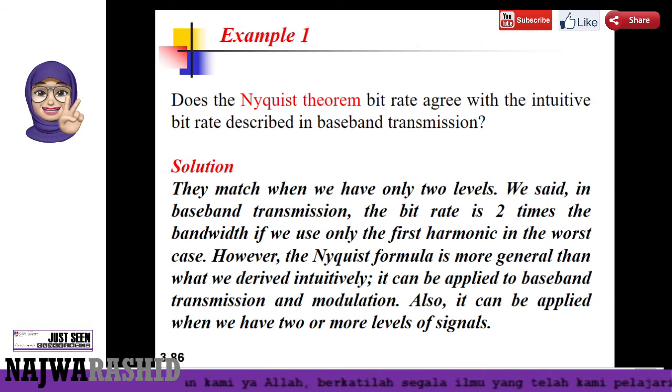Let us look at example number 1. It asks: does the Nyquist theorem bit rate agree with the intuitive bit rate described in baseband transmission? The solution: they match when we have only two levels. In baseband transmission, the bit rate is 2 times the bandwidth if we use only the first harmonic in the worst case.